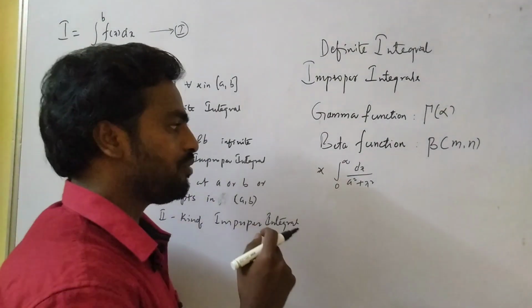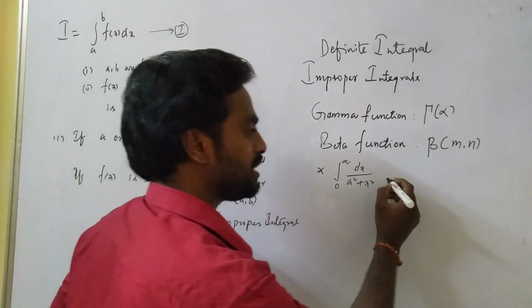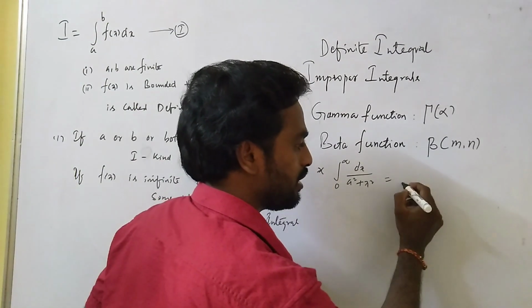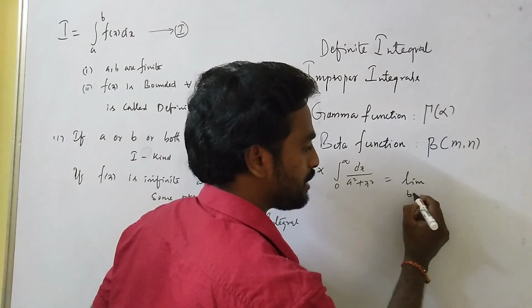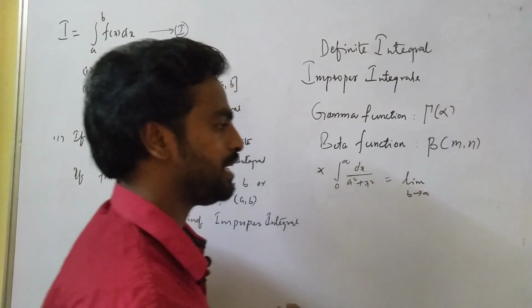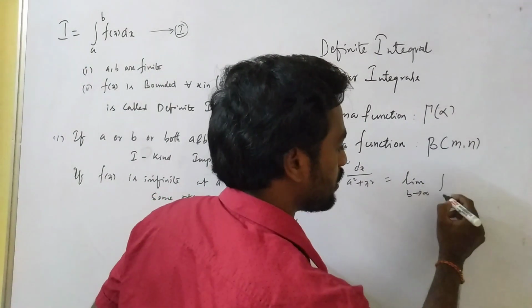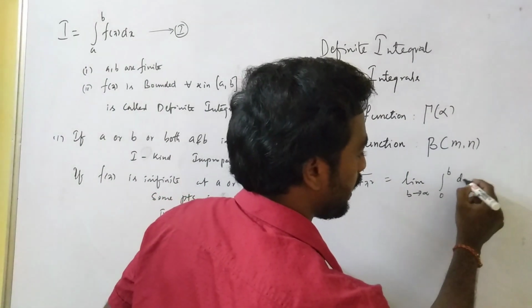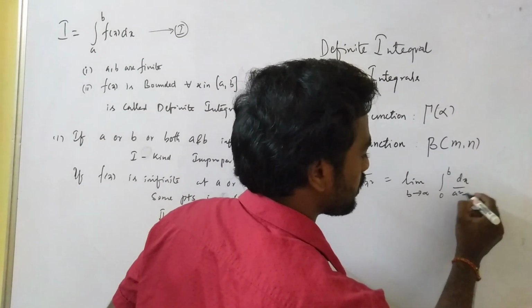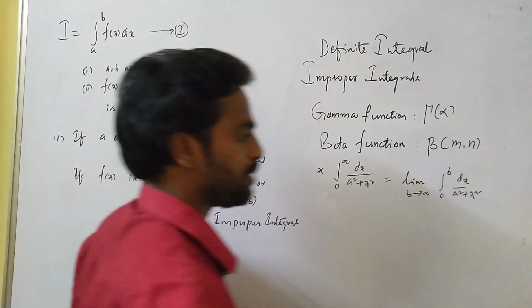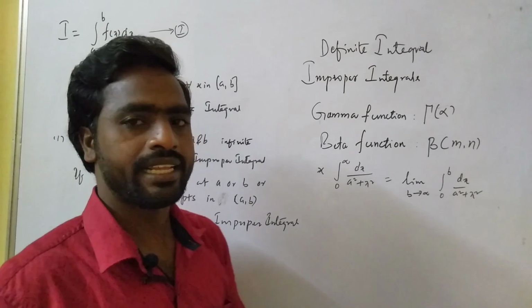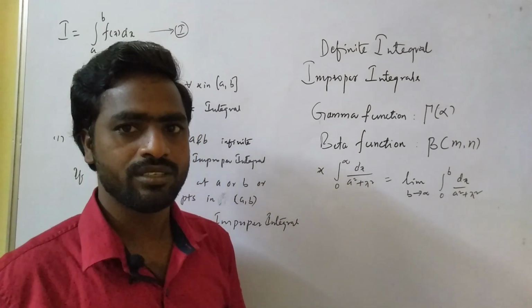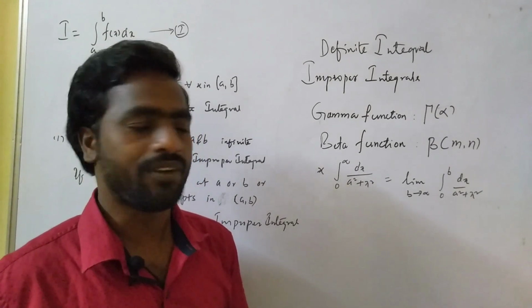Okay, so if you solve this problem, you get, which is equal to, I am going to define limit b tends to infinity, integral 0 to b dx by a square plus x square. We cannot integrate directly using infinity, because you may get different values.